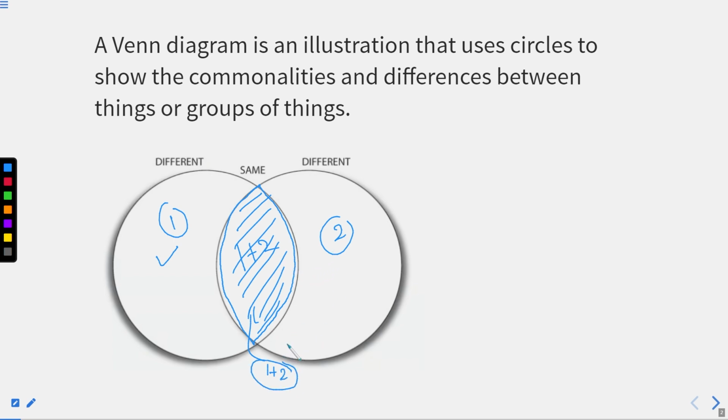And this portion, that is only 2, which is not common for both, is representing how circle number 2 is unique, and this portion represents how circle number 1 is unique or different from circle number 2. This is how these circles are used to represent different things together, and this representation with the help of circles we call a Venn diagram, right?